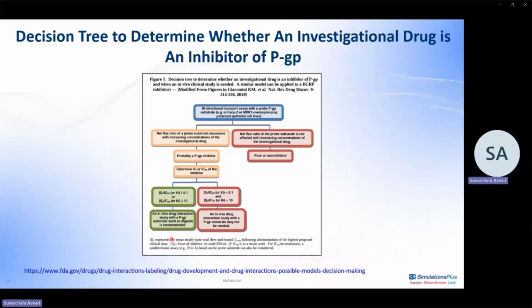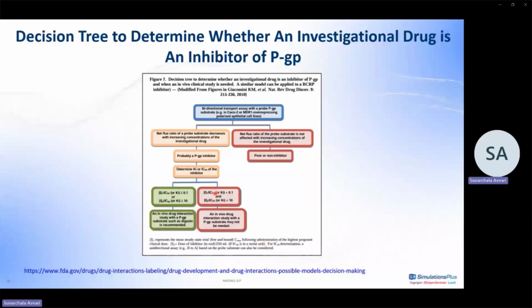Here, I1 represents the mean steady state total peak plasma concentration following administration of the highest proposed clinical dose, and I2 is the dose of inhibitor in moles over 250 ml if IC50 is in molar units.